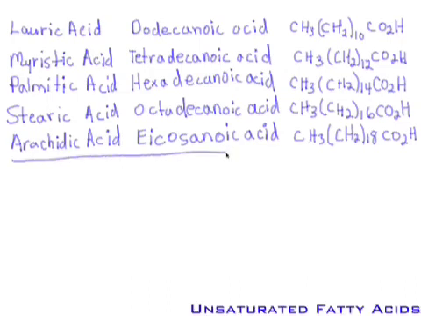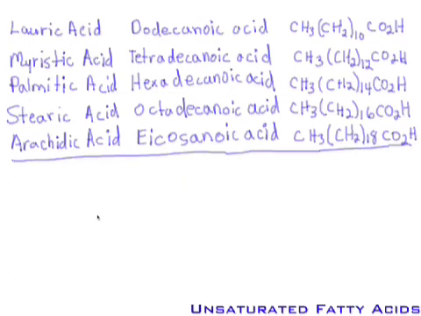Now, I'm going to start looking at the unsaturated fatty acids. Okay? I'm going to begin by drawing their structures and putting their names above them because we need more room.